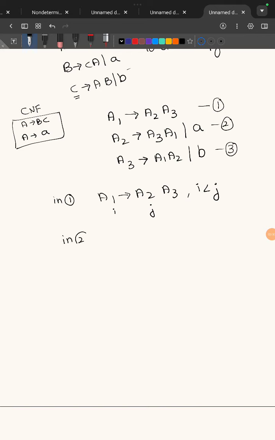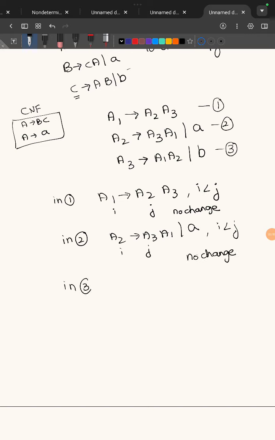No change. Now in the second rule, A2 derives A3, A1 bar A, so this is I and this is J. Here also I is less than J, so there is no change. We will leave this one as it is.